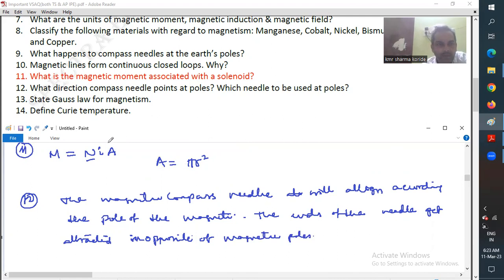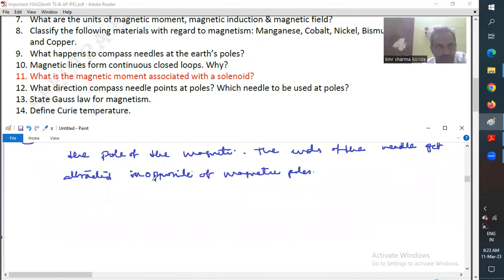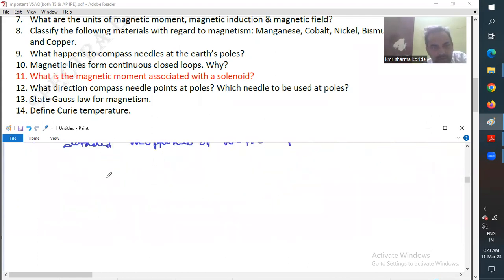Yeah. Next, moving to the next question. State Gauss law for magnetism. This is the answer for question number 13. The magnetic flux in any closed surface is equal to 0. Magnetic flux we can write as B dot ds.